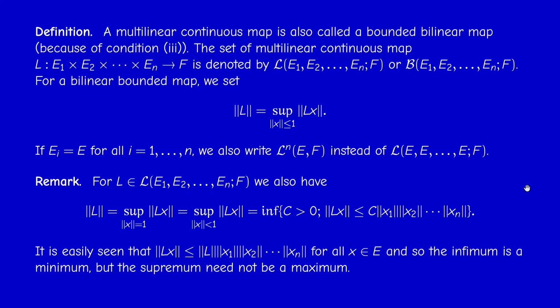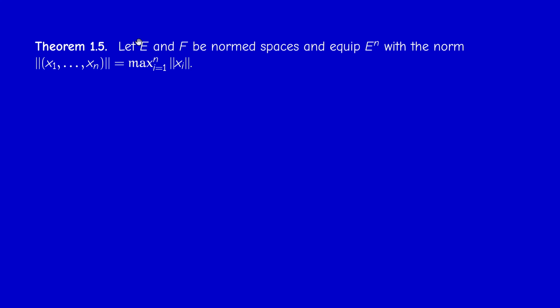And the last result is that if we have two normed spaces E and F, and we equip the product E times E times E, n times, with the maximum norm, then the space of multilinear maps with n variables in E that takes values in another space, the space of multilinear maps with m variables defined on E that takes values in F, is isometric to the space of multilinear maps with n plus m variables from E to F. So the proof is just a copy-paste, but we just have to pay attention.